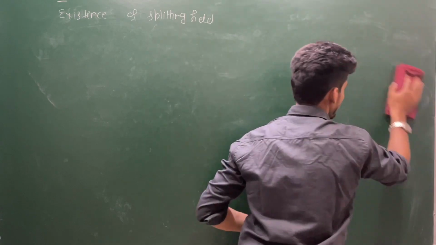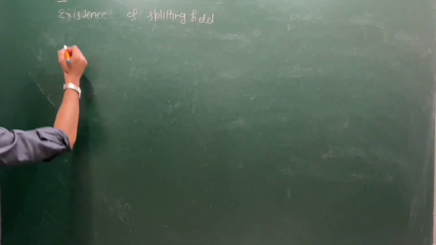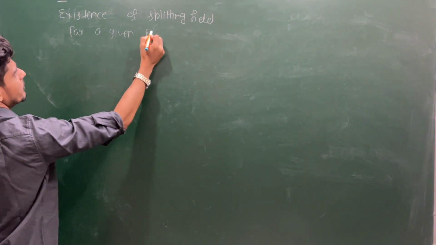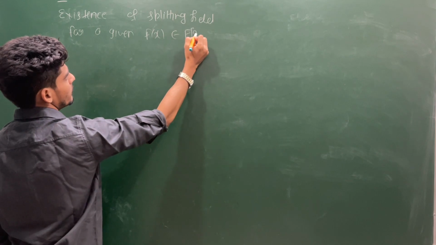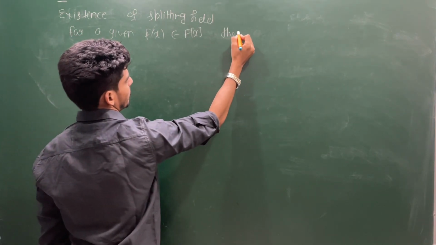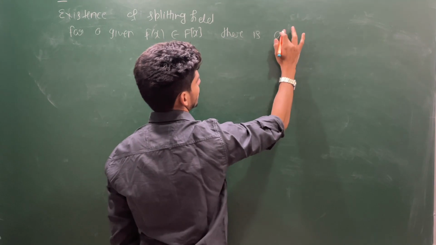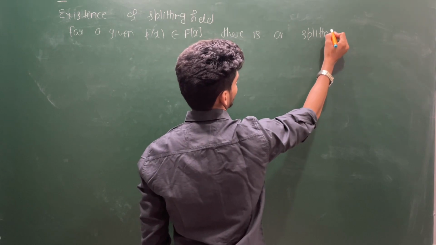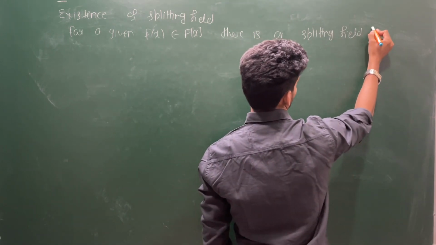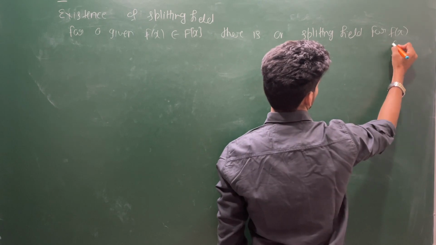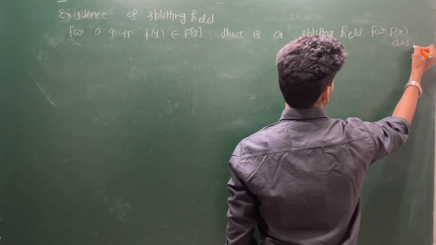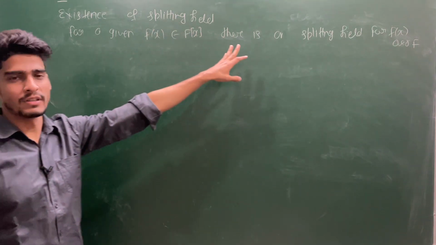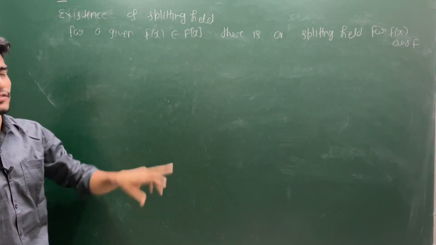Let's try to prove the statement. For a given polynomial f(x) belonging to F[x], there is a splitting field for f(x) over F. So if I give you any polynomial, you can always construct some extension of F in which f(x) factors completely.